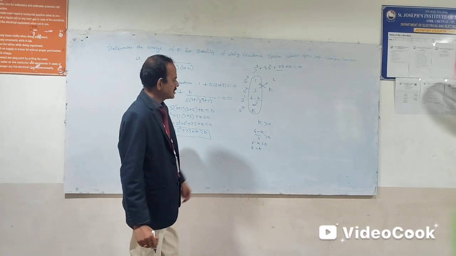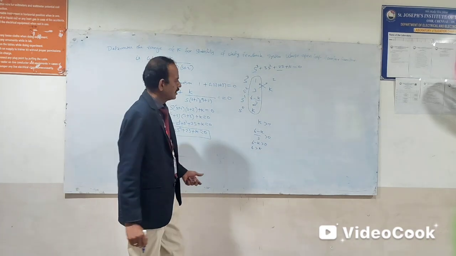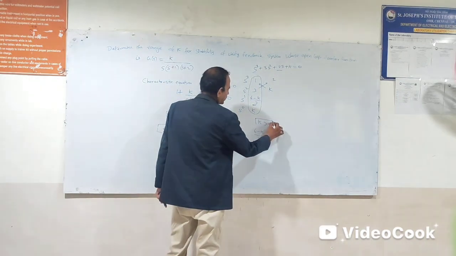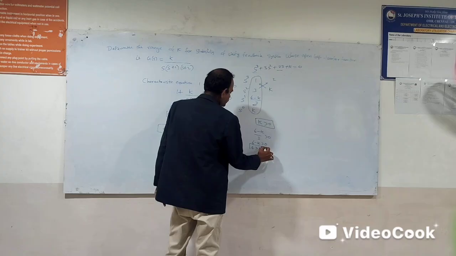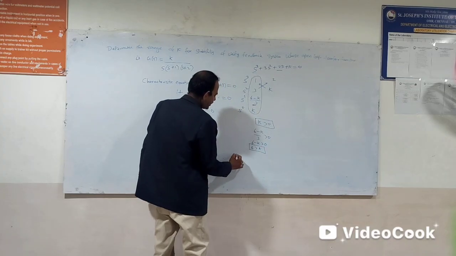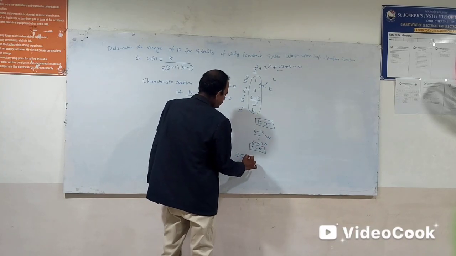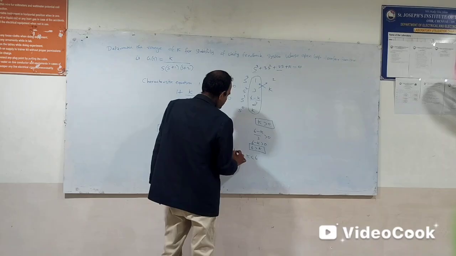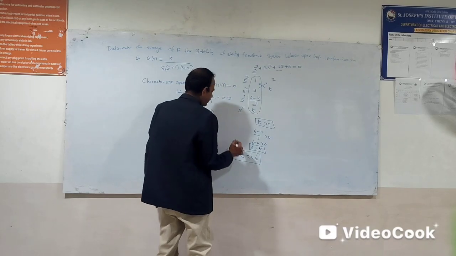So k is less than 6. K should be greater than 0 from one condition and less than 6 from the other. So the range of k we can write is 0 to 6, that is 0 less than k less than 6.